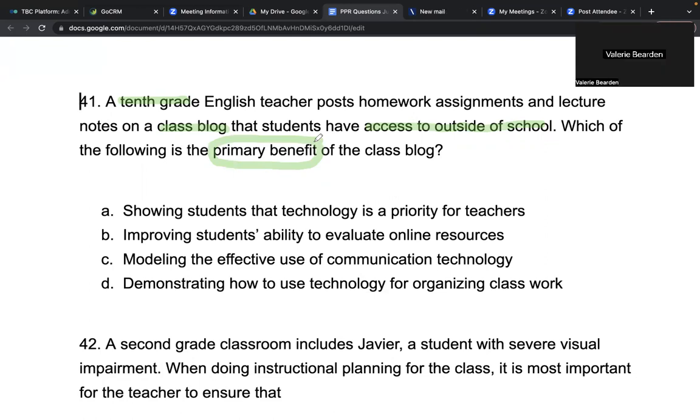A. Yeah, showing students that technology is a priority for teachers. I can bet myself $5 that's not the reason. D. I think B too.